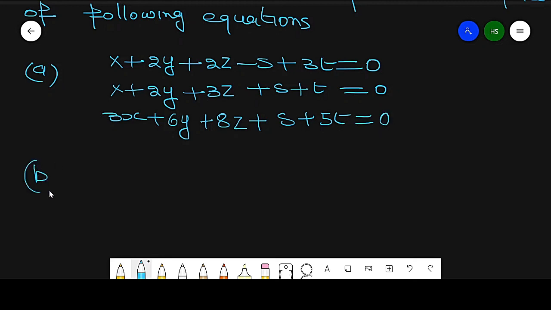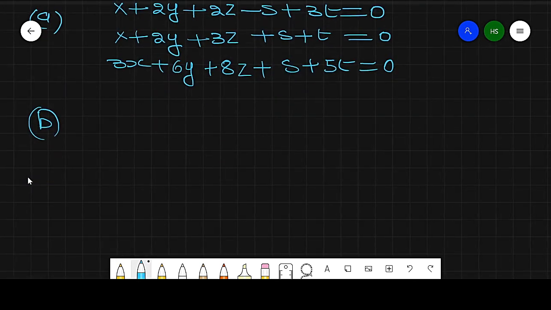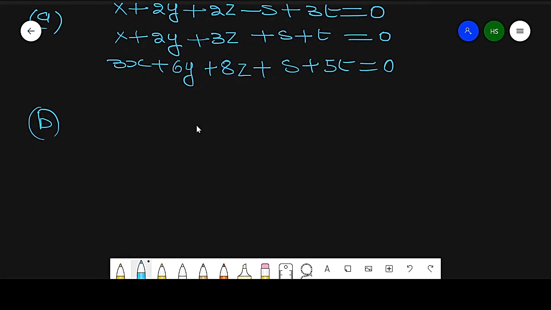And the second question is B. The equations of B are x plus 2y minus 2z plus 2s minus t equal to 0.